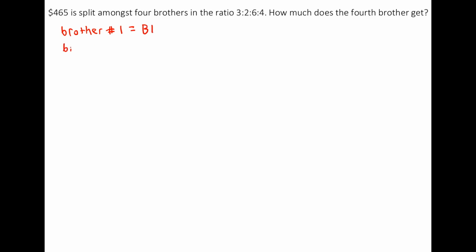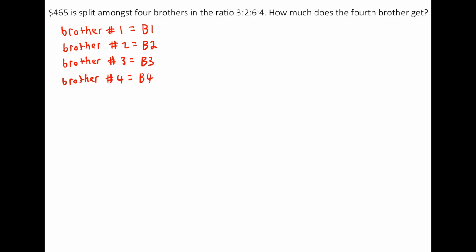I'm going to let brother number 2 be equal to B2. I'm going to let brother number 3 be equal to B3. And I'm finally going to let brother number 4 be equal to B4.